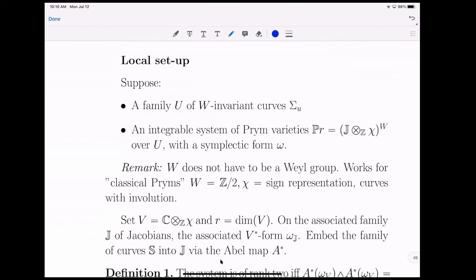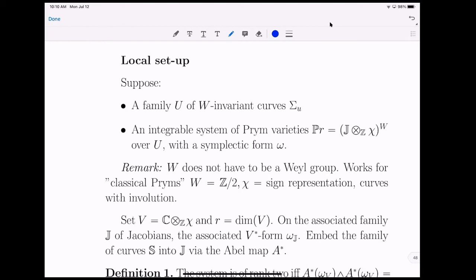So now what's the local picture? We had this local picture that gave us, with this rank 2 condition, if you want, a system of minimal complexity, a surface from an integral system of Jacobians.